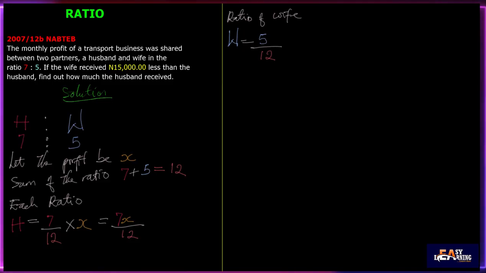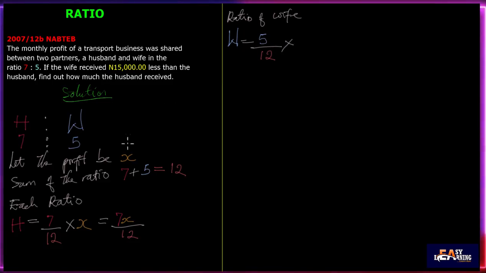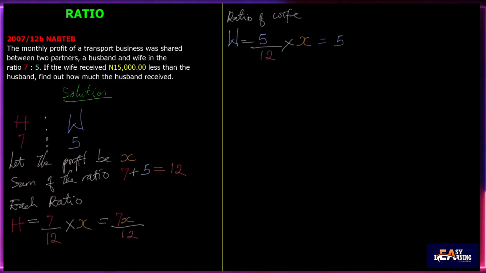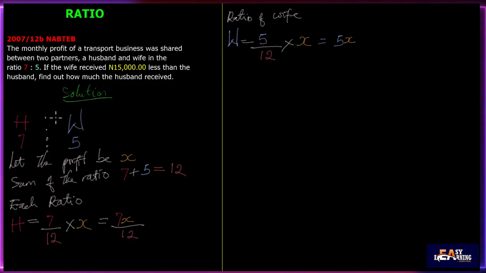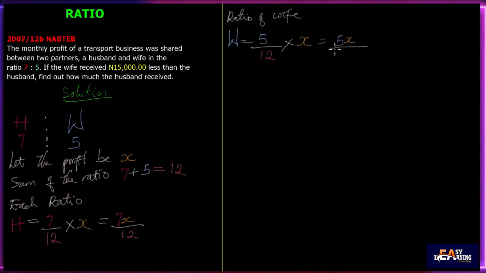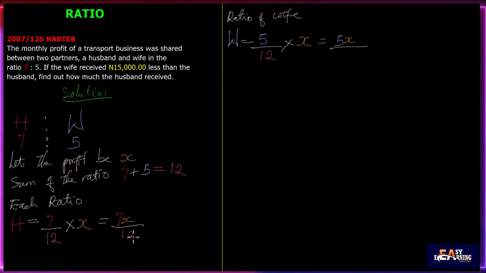Now we're going to multiply that with the profit, and the profit is X. We don't know, so we call it X. Solving this out, we multiply 5 times X, which gives us 5X all over 12.